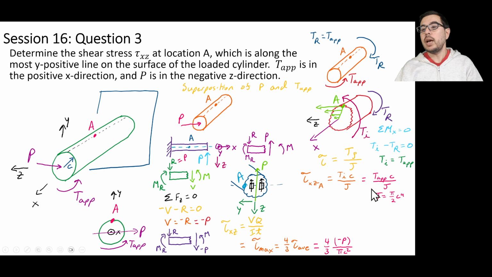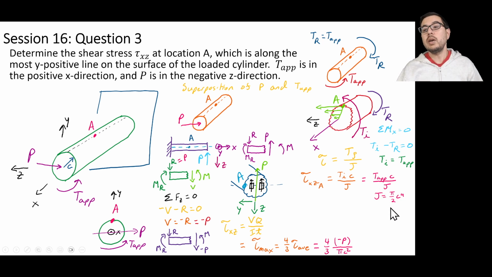And one way I remember J, at least when it comes to the second moment of area, and the polar one at that, is that there's an I that we sometimes use, and we use J for these types of circular cross sections that are under twisting.